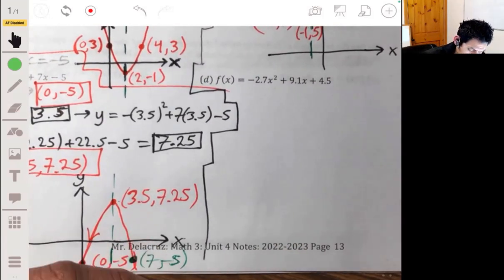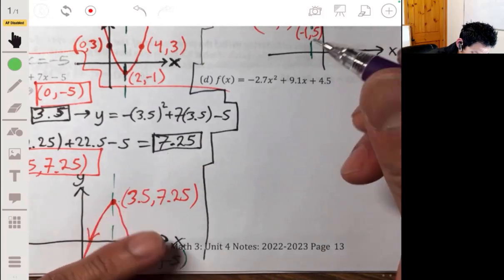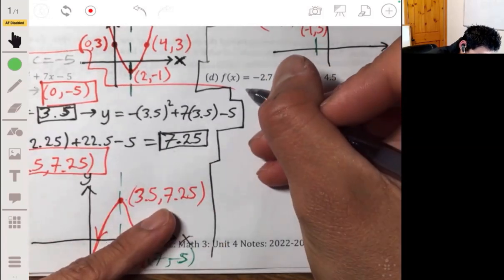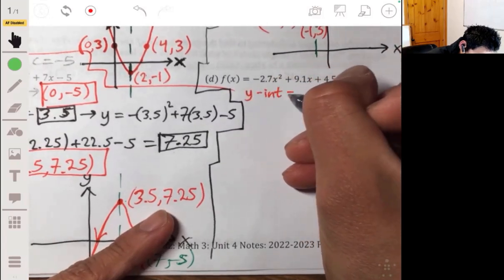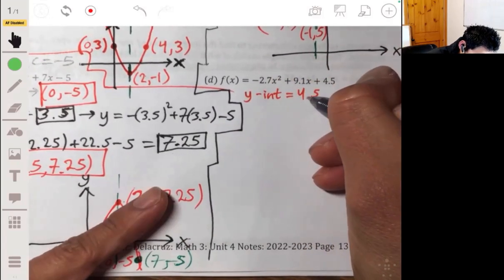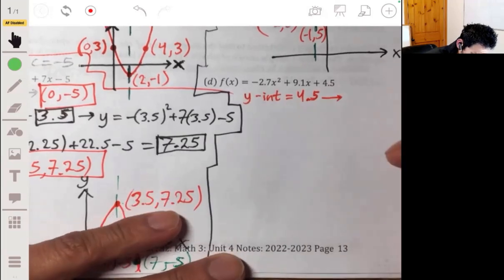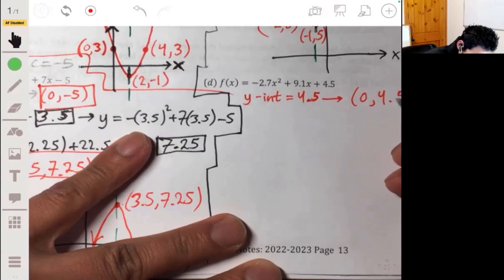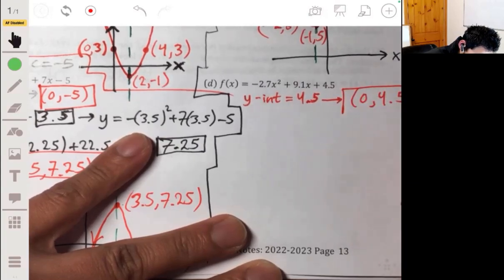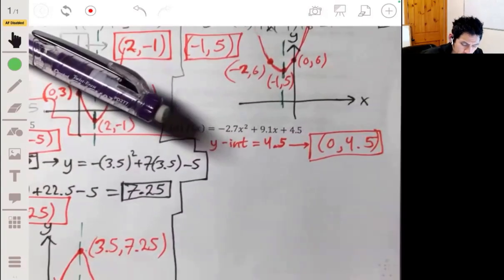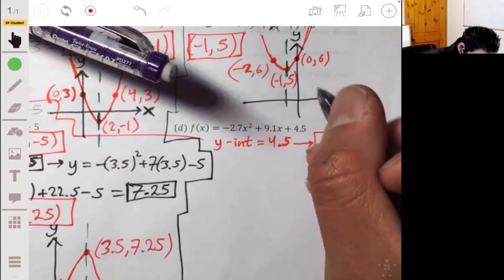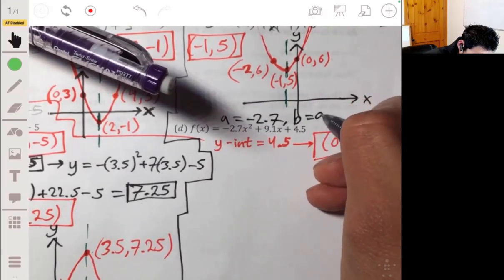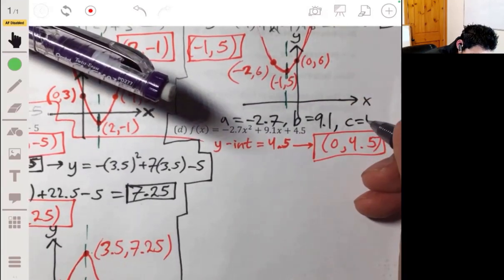All right. Y-intercept equals 4.5, because our C is 4.5, and then we will have the point 0, 4.5. And let me actually write out the A, B, and C. A is -2.7, B is 9.1, and C is 4.5.